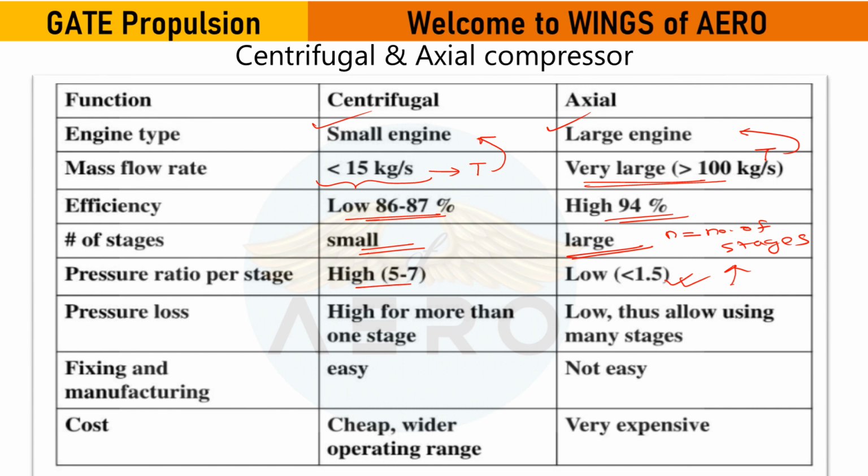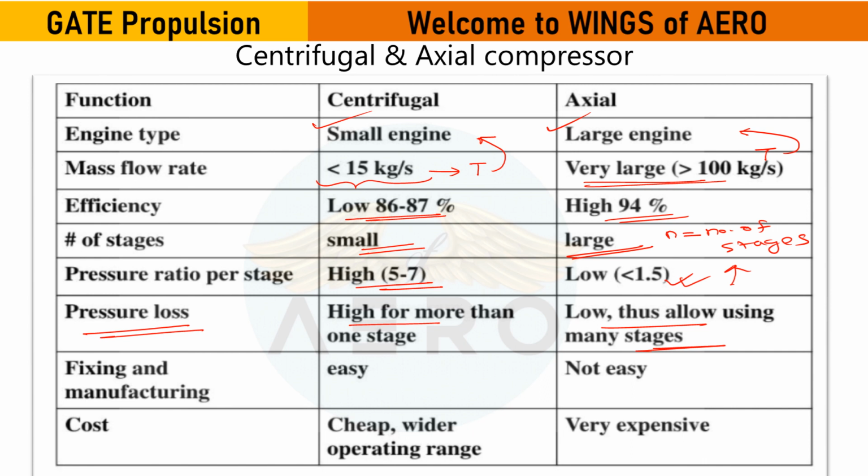Okay, so per stage the centrifugal can create 5 to 7, whereas for axial each stage creates 1.5, and based on the number of stages this value will again increase. Talking about pressure loss, the loss for one stage is quite high in centrifugal, whereas in axial it is very low, less amount of losses.